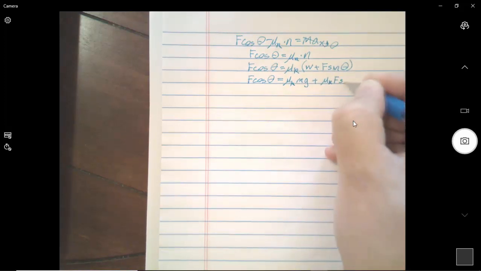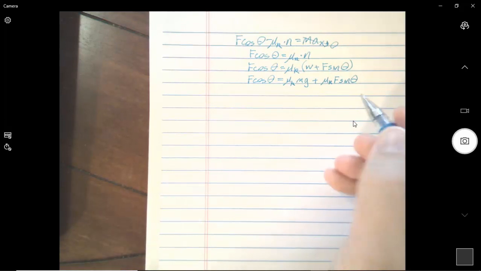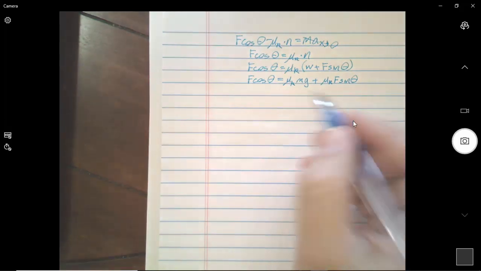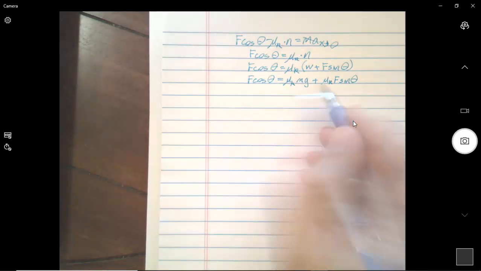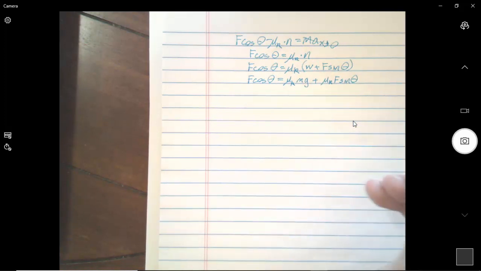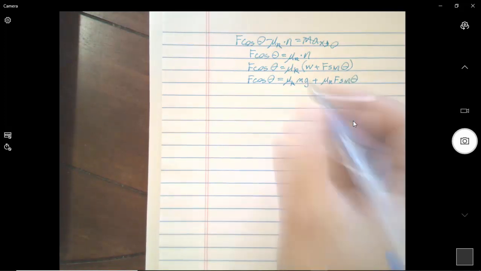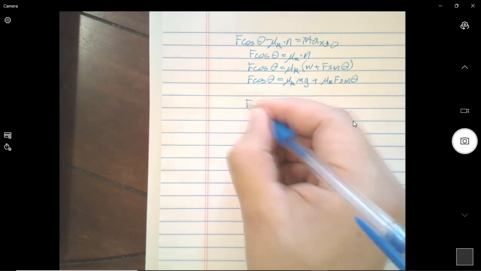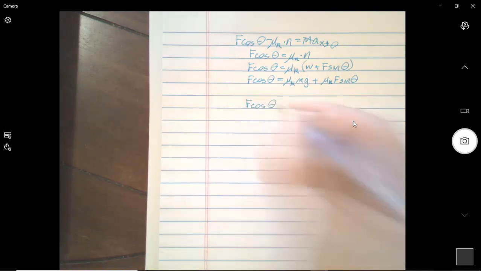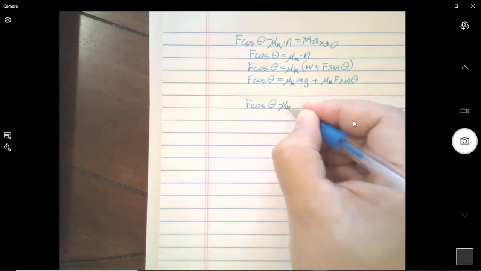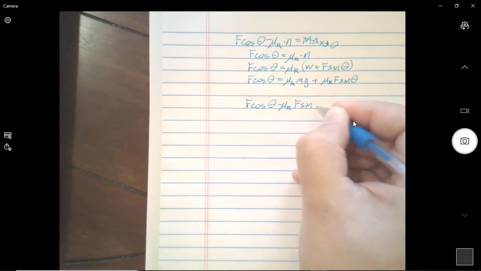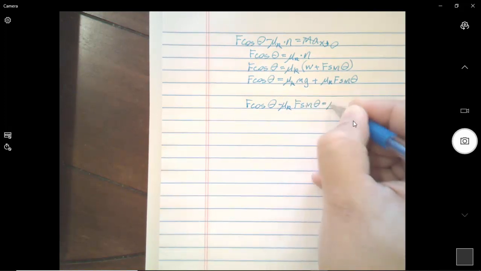We're just distributing the mu k. We're trying to solve for F this time. So we're going to subtract the mu k F sine theta to the left so that we have an F cosine theta and a minus mu k F sine theta is equal to mu k mg.